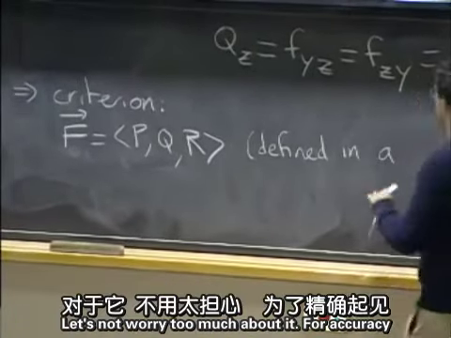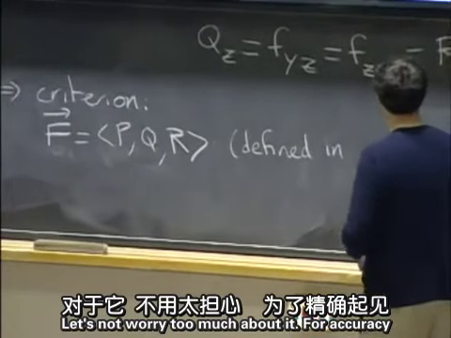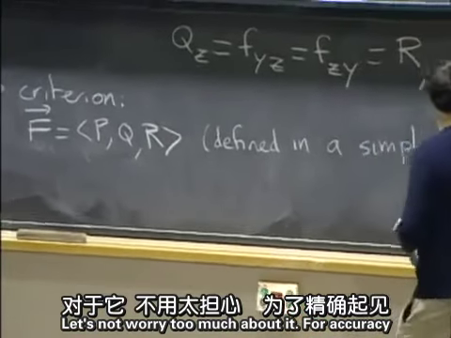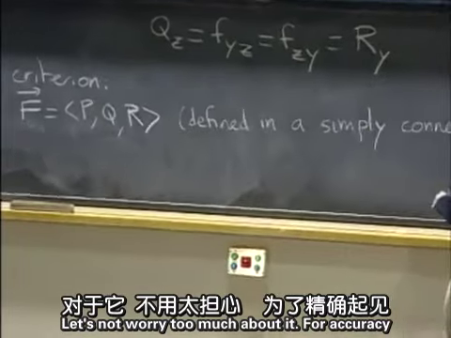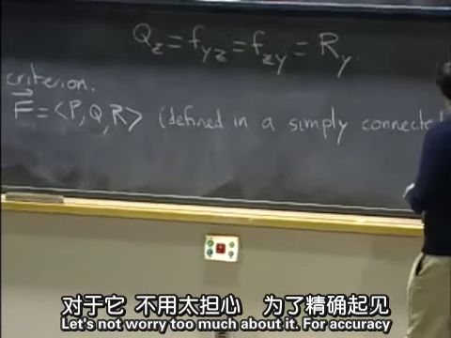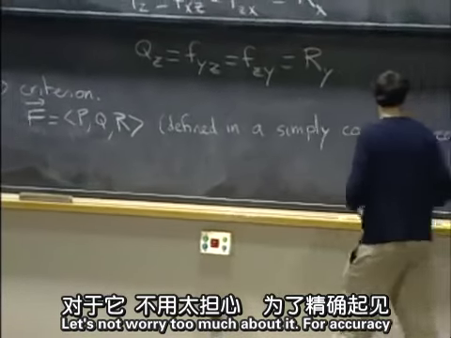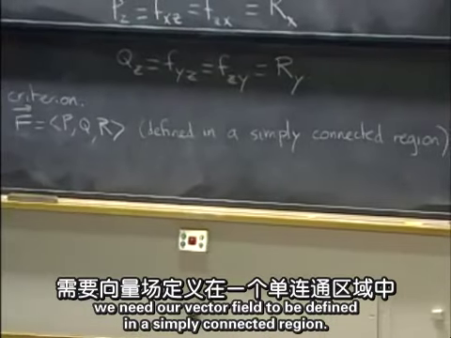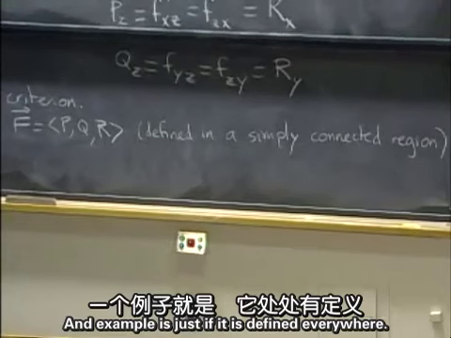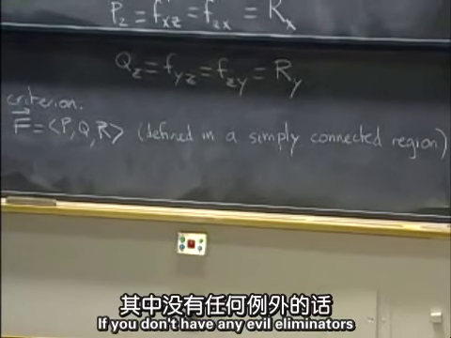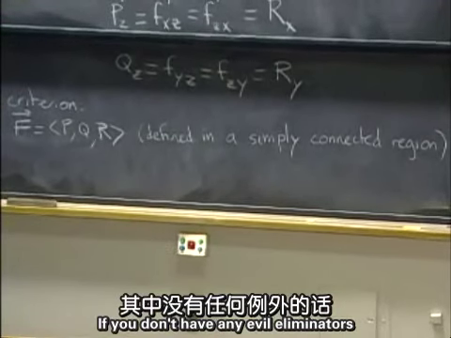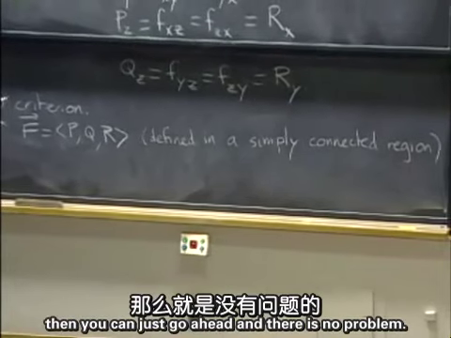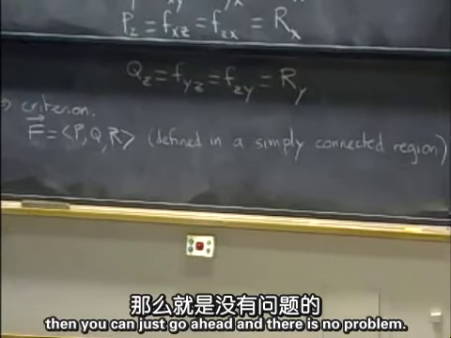So let's not worry too much about it, but for accuracy, we need our vector field to be defined in a simply connected region, and that means, for example, an example is just if it's defined everywhere. If you don't have any evil denominators, then you can just go ahead, there's no problem.